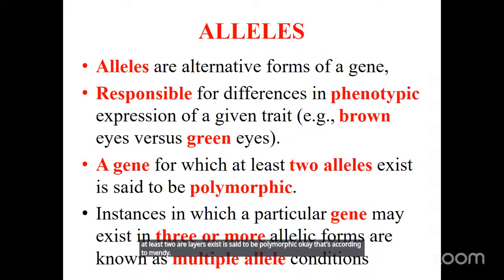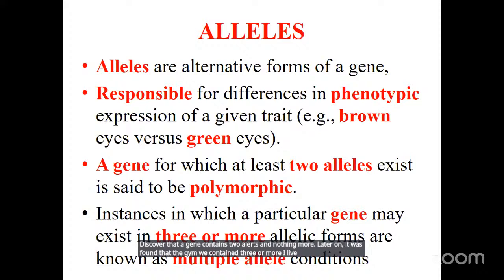A gene contains two alleles, but we have instances which were not developed or not discovered during Mendelian time. Mendel only discovered that a gene contains two alleles and nothing more. But later on, it was found that a gene may contain three or more alleles.